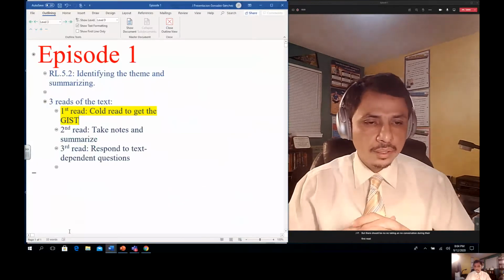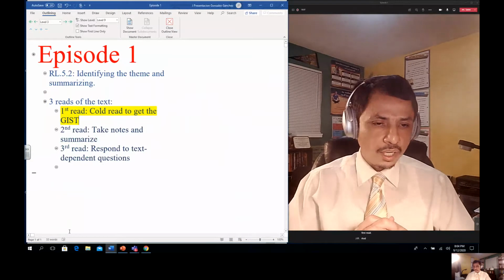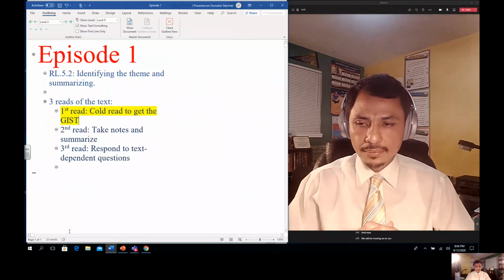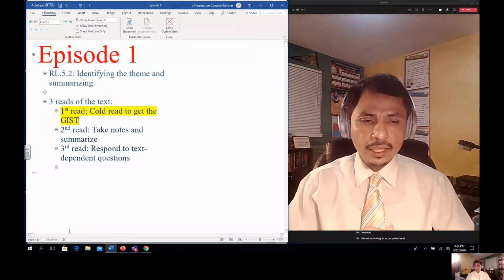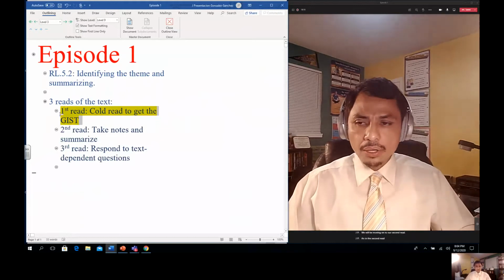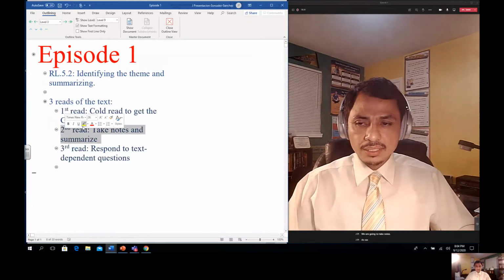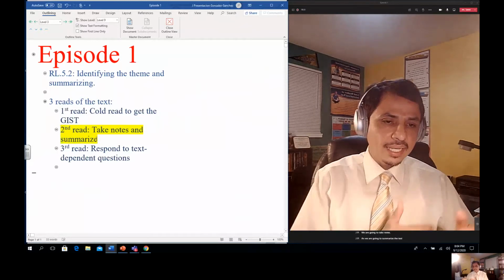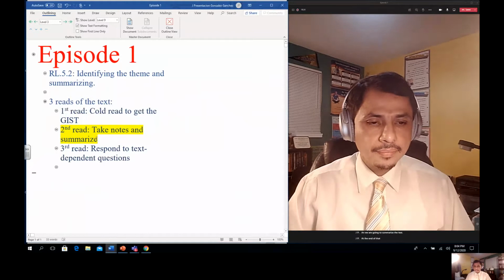And now, we will be moving on to our second read. And in the second read, we are going to take notes and we are going to summarize the text at the end of that note taking.